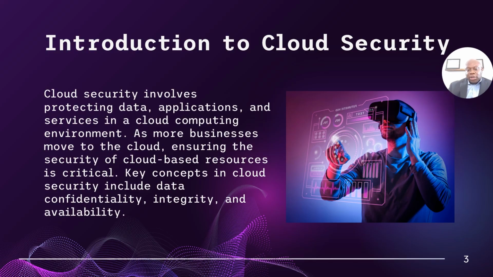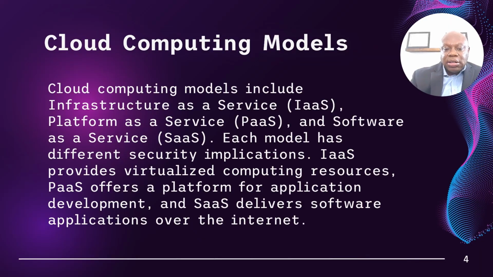Now, as you move to a cloud environment, there's some key concept around security you have to be aware of. The common theme, if you've been following my chapters, has been the CIA Triad, really confidentiality, integrity, and availability of that information.